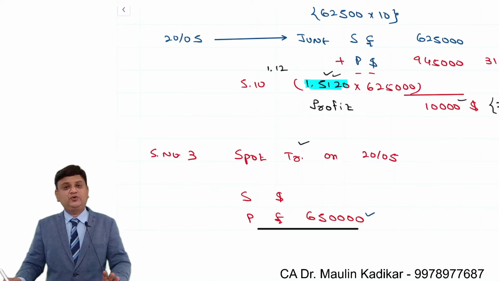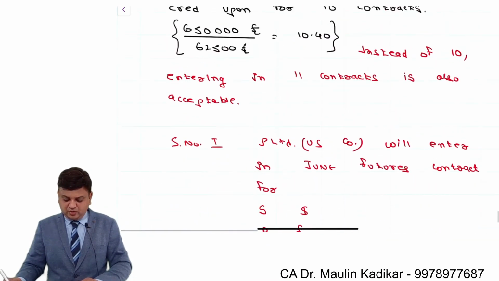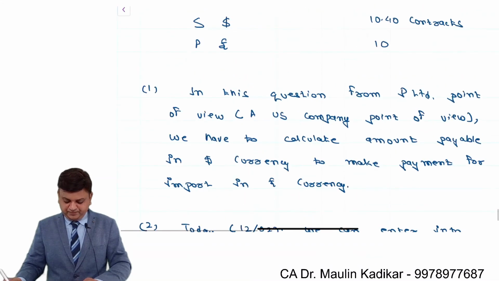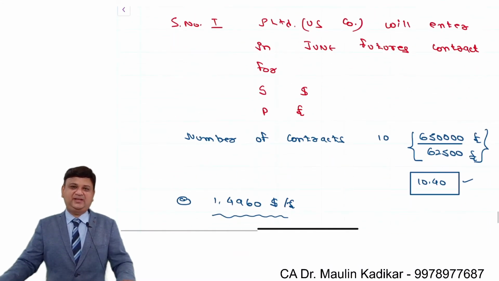If the May futures rate would also have been given on 20th of May, then you have a choice either to enter into the futures contract for the month of May or for the month of June. You may enter into 10 contracts or you may enter into 11 contracts. That is the liberty you have, to enter into any number of contracts and for any of the months also. This is what we understand.